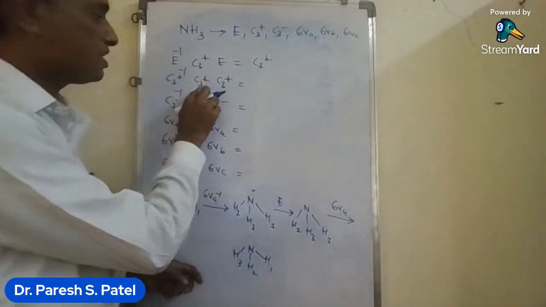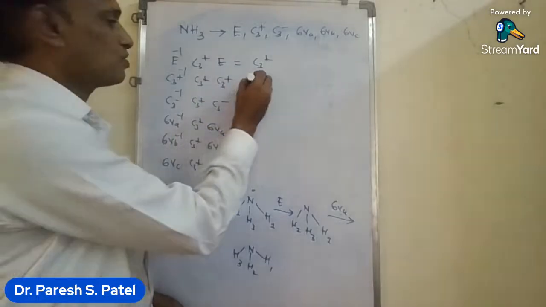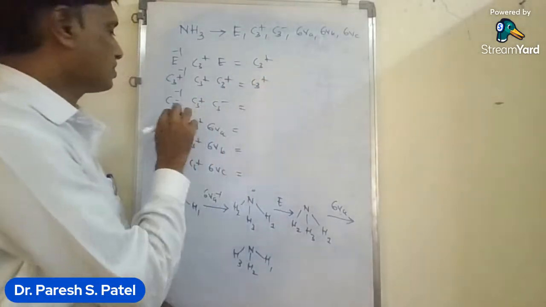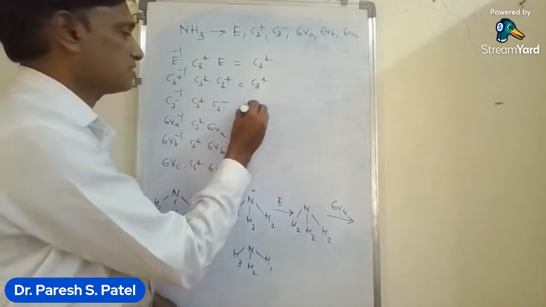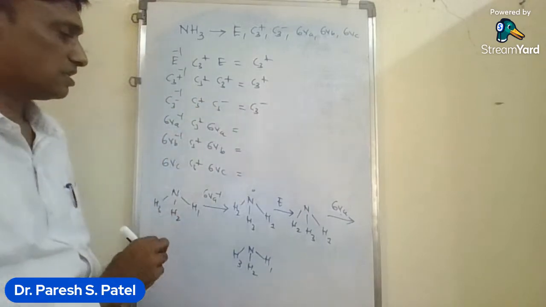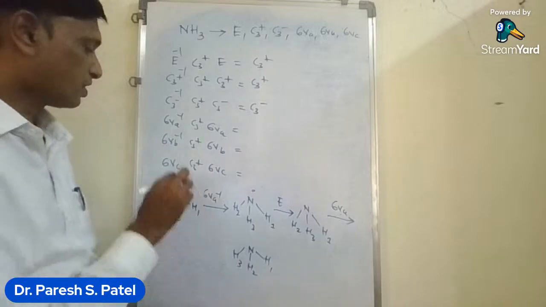C3 plus inverse C3 plus is nullified, C3 plus. So overall result is C3 plus. C3 minus inverse means C3 plus, C3 minus. Now this is important.